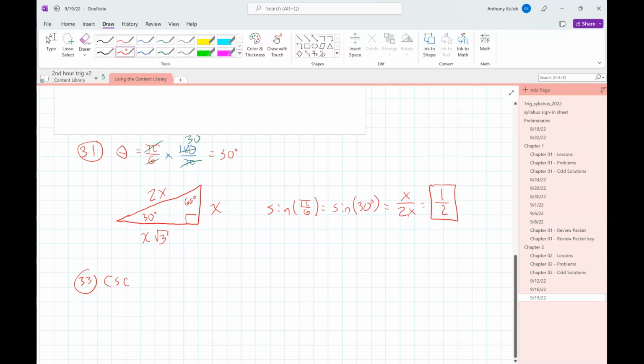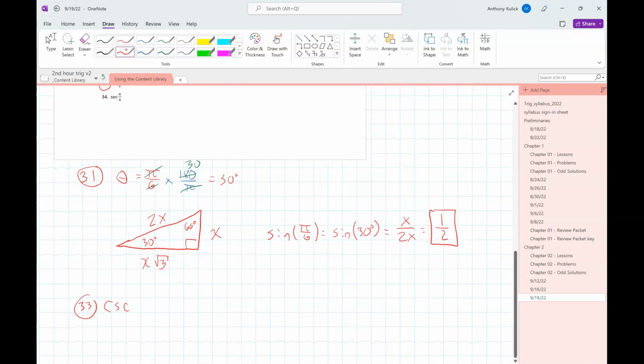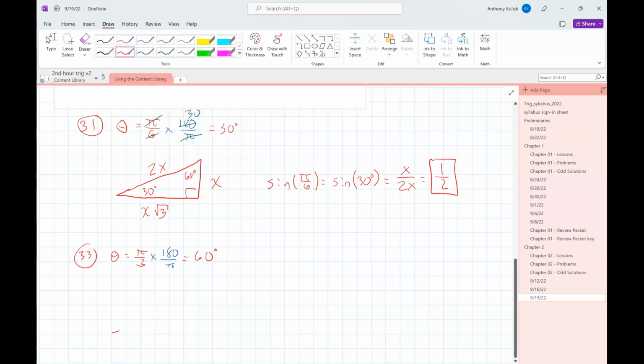So that's cosecant of pi over 3. I'm going to start the same way and convert this into degrees, so it's a little bit more comfortable. So that's going to be 60 degrees. So again, now that I have that, I can draw my 30, 60, 90 triangle. So I have cosecant of pi over 3.